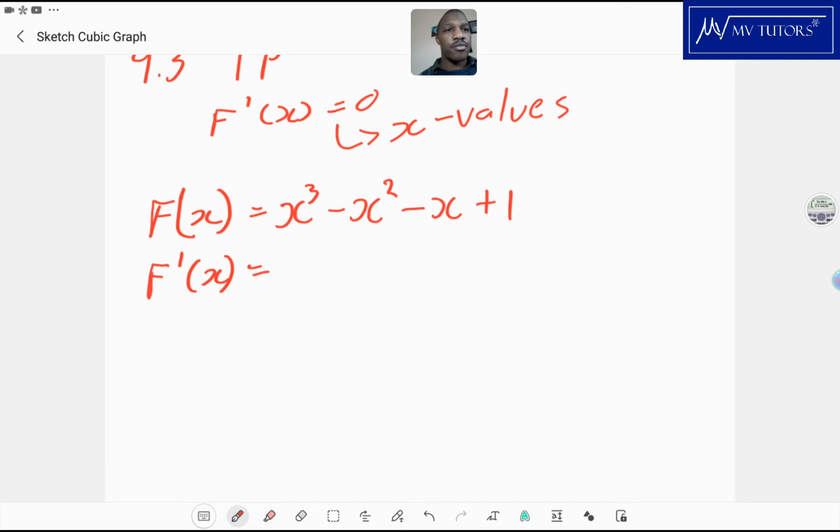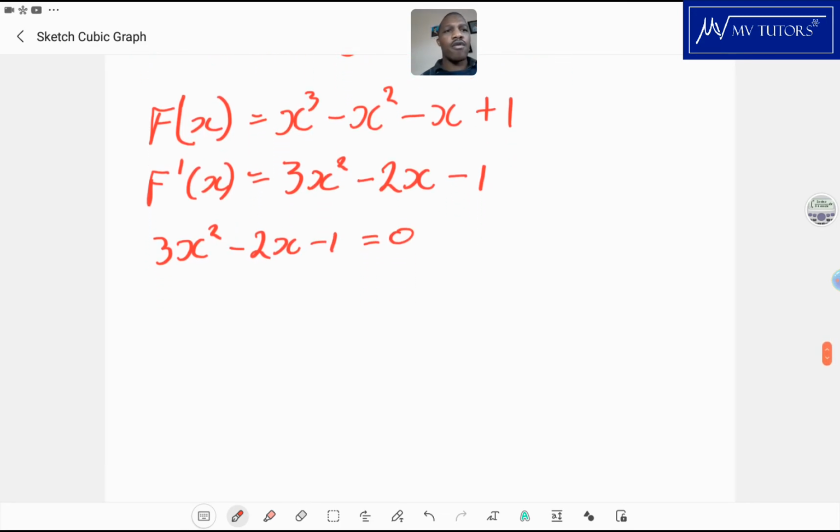But basically, we bring the 3 down, and then we say 3 minus 1, which is 2, minus, we bring the 2 down, and then it's x, and 2 minus 1 is just 1, and here it's just minus 1. Okay, so that's our function. So we need to equate this to 0. So we say, look at that, 3x squared minus 2x minus 1, equate it to 0, and then solve for x.